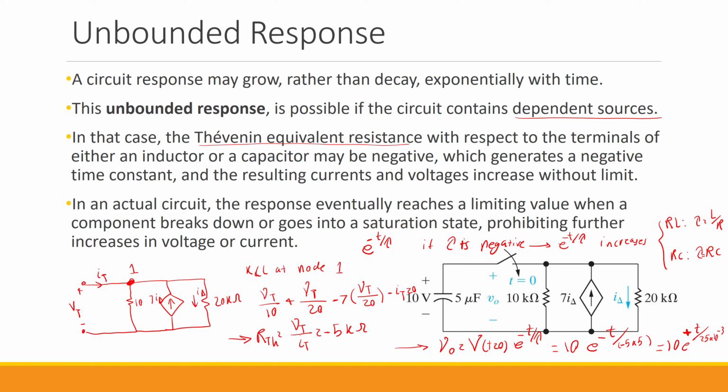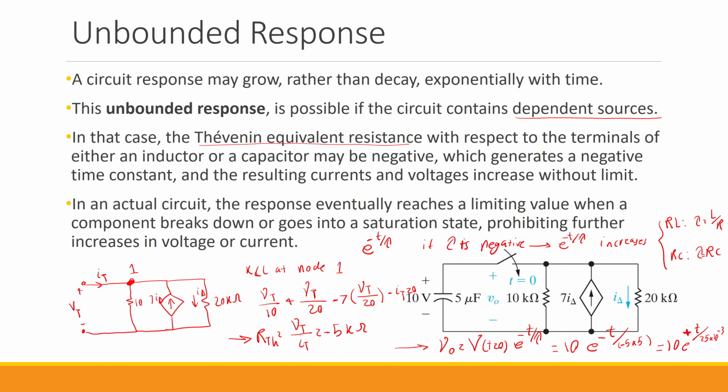But usually in actual circuits, the response eventually reaches a limiting value. Why? Because the physical components that we use in circuits have physical limits. For example, what if this capacitor breaks after the voltage across it becomes a certain value? Or this dependent current source, depending on how it is created, may have a saturation state.